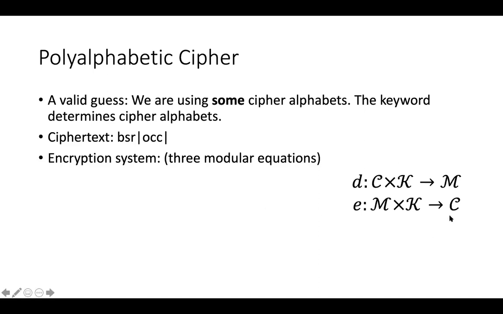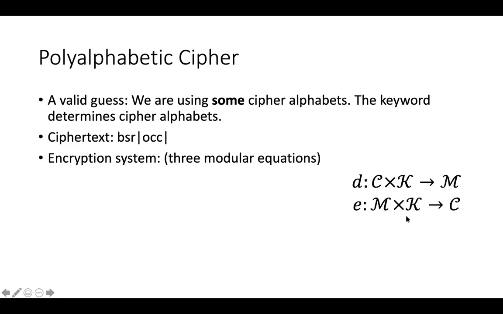These 2 functions tell you what decryption and encryption are doing. For decryption, we take the ciphertext and the key to generate a message. For encryption, we use the message and the key to generate the ciphertext. Message and plaintext are the same thing.